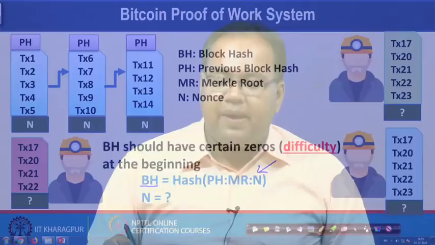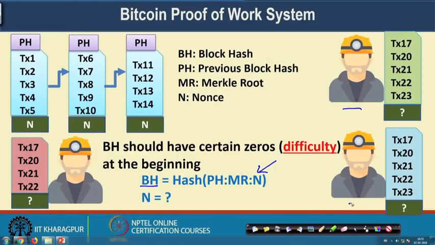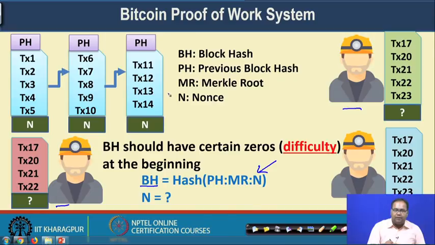Every individual miner will independently try to find this nonce value, and the miner who is first able to find the nonce value for his or her own block will be able to include that block as a part of the existing blockchain. So, this is the proof of work based system which is utilized in Bitcoin to ensure consensus by utilizing challenge response based systems.